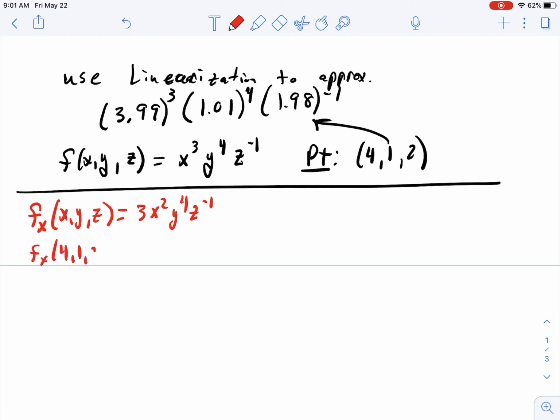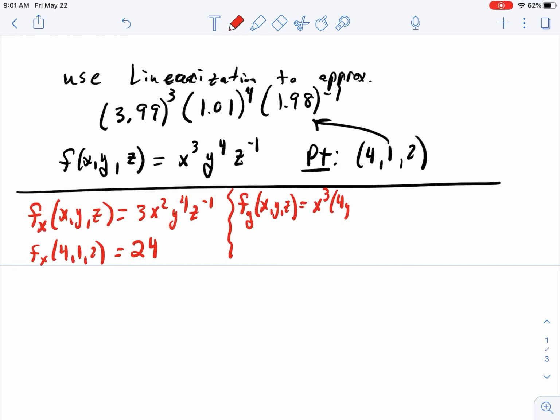If I plug in the point 4, 1, 2, I get 24. So now the partial with respect to y of x, y, z.